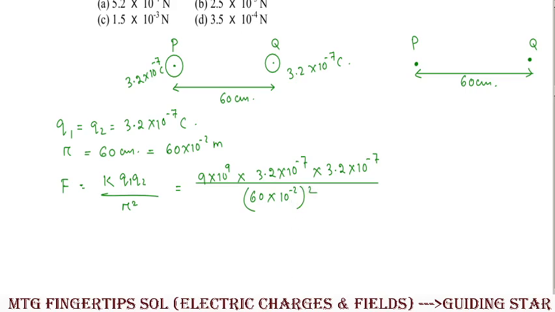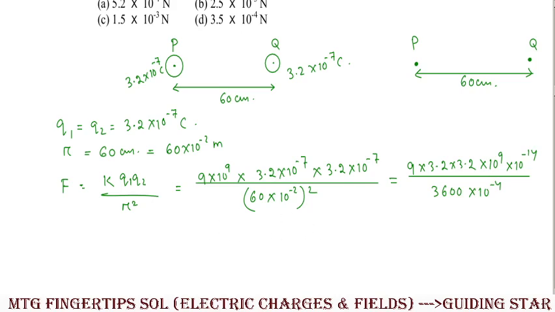Okay, so if we do the calculations, how much will we get? 9 into 3.2 into 3.2 into 10 to the power 9 into 10 to the power minus 14, all divided by 3600 into 10 to the power minus 4.